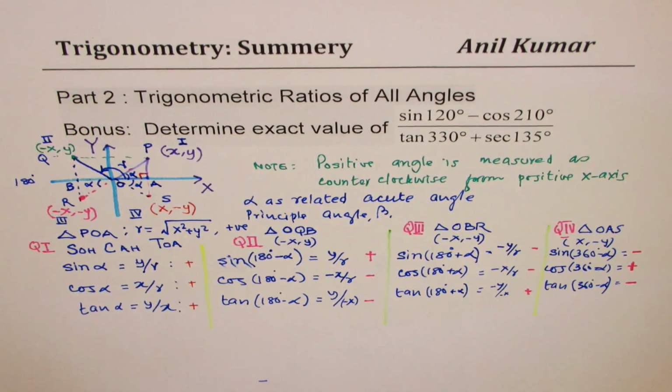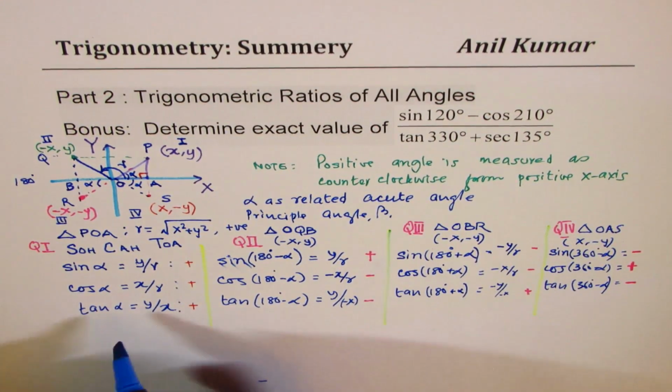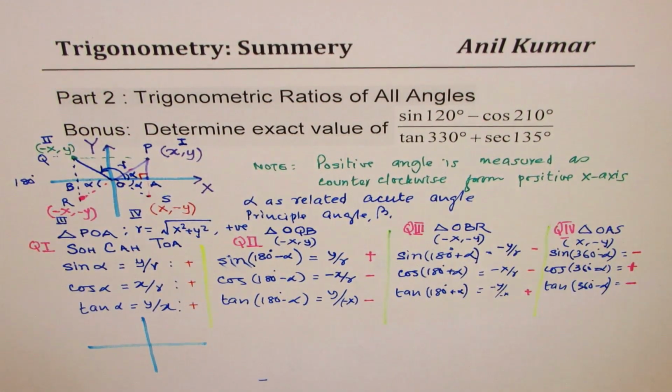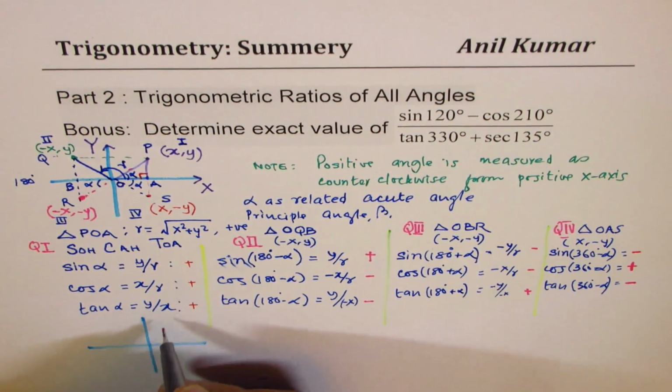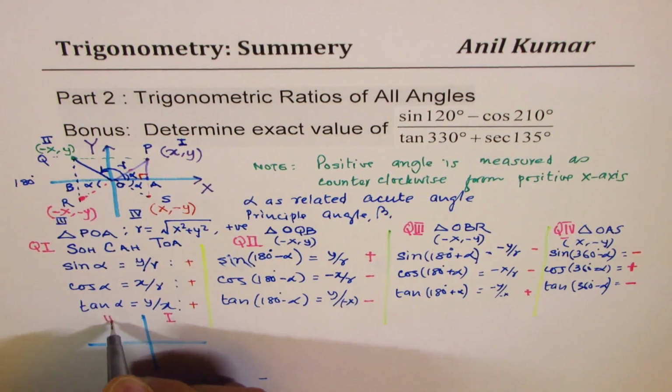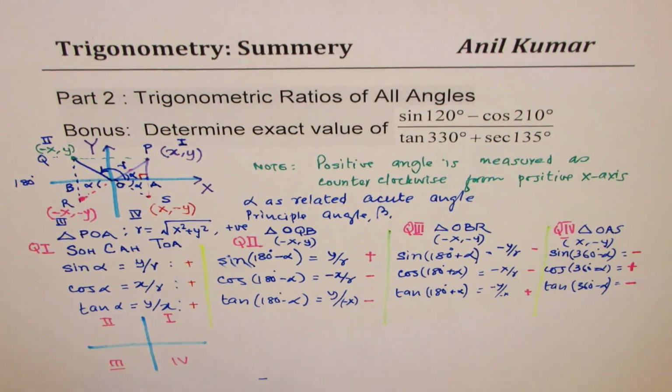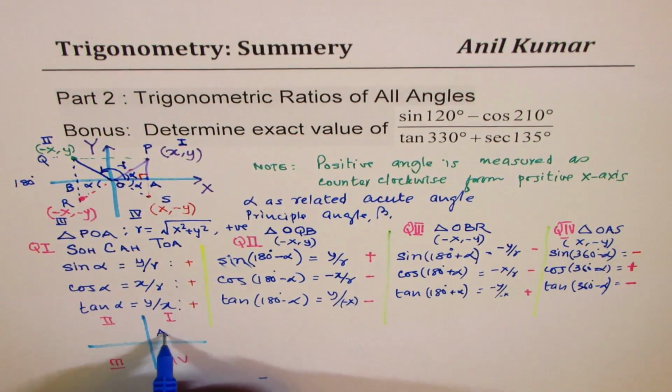So with this, we have a very standard rule, and that is to say that in our coordinate system, in quadrants 1, 2, 3, and 4, the signs of these trigonometric ratios are: all are positive in quadrant 1.